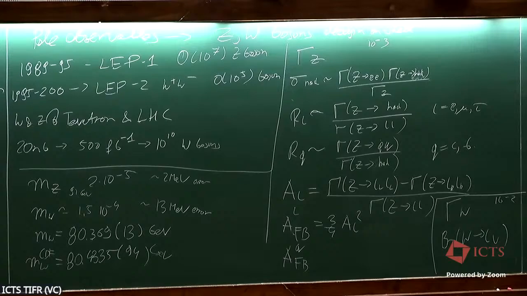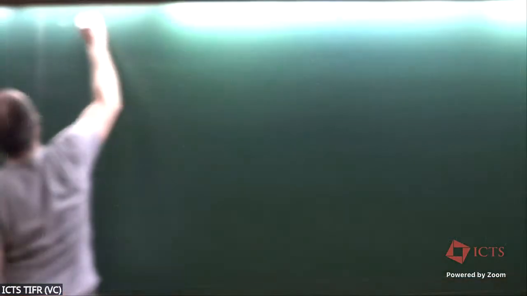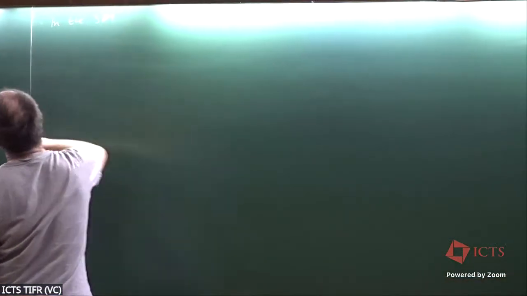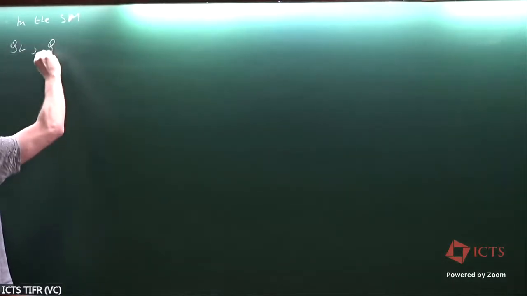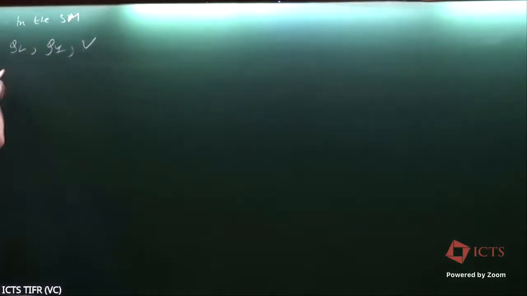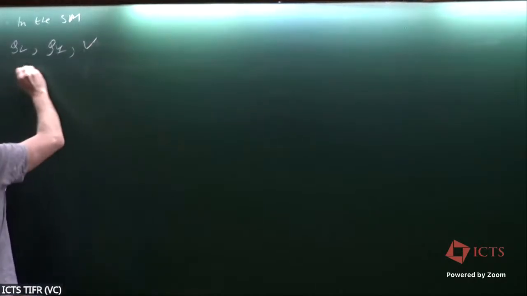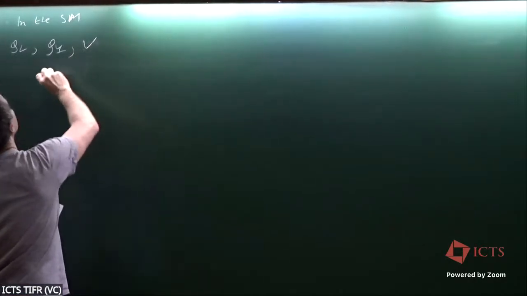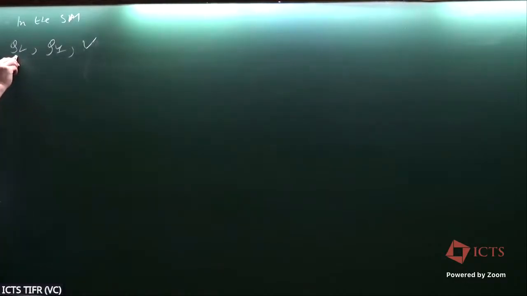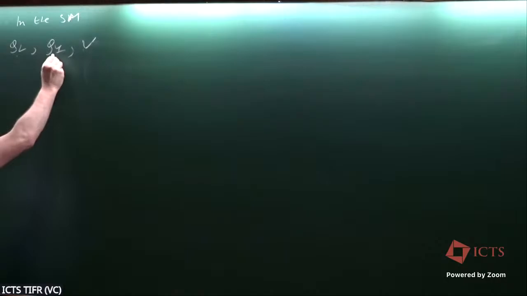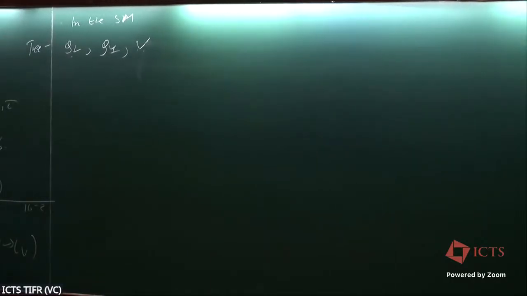Now, in the standard model at tree level, all these observables are given in terms of three parameters: GL, GY, and V. Okay, so this is the SU(2) electroweak coupling, this is the U(1) hypercharge coupling, and this is the Higgs vev. So at tree level, all these observables are functions of the three parameters.